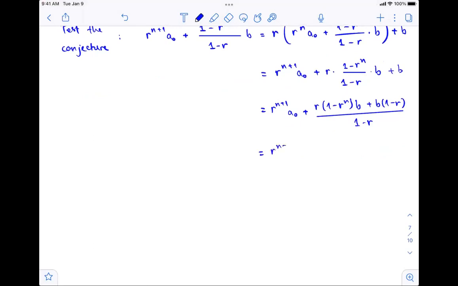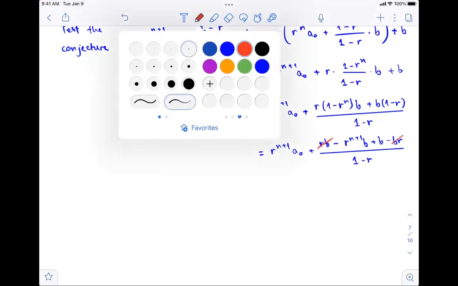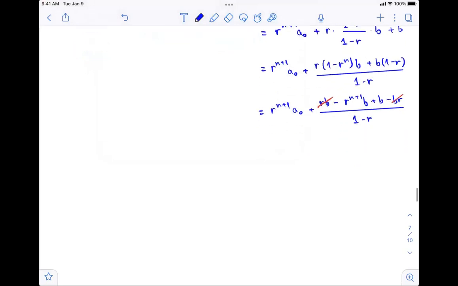And if you distribute the value of b, you get rb minus r raised to the n plus 1 b plus b minus br, divided by 1 minus r. And you can cancel out these two terms. And on the numerator, take b as the common factor. You will get r raised to the n plus 1 times a0 plus 1 minus r raised to the n plus 1 divided by 1 minus r times b.